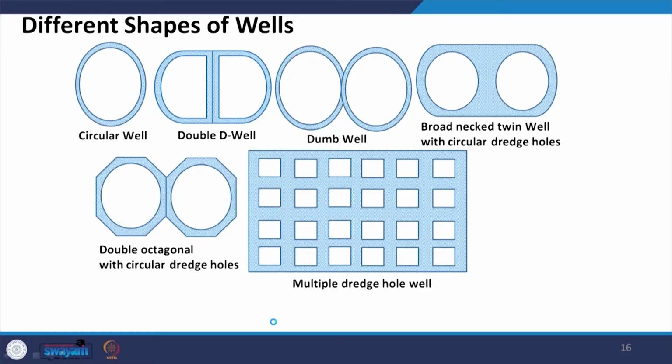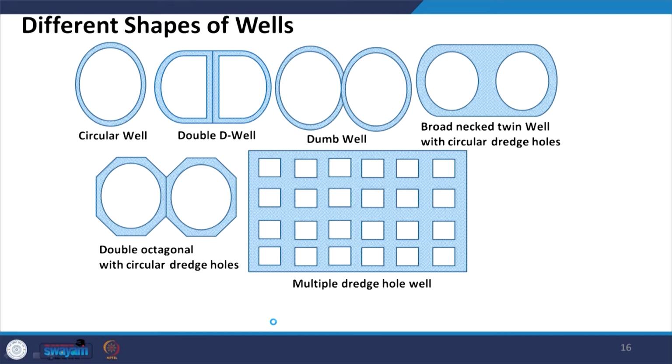So, let me show you some figures first. These are the different shapes of wells. The first one is circular, though it looks a little elliptical. Then you have the double D well, then the dumbbell, then the broad neck twin well with circular dredge holes, then the octagonal with circular dredge holes, and the multiple dredge hole well.